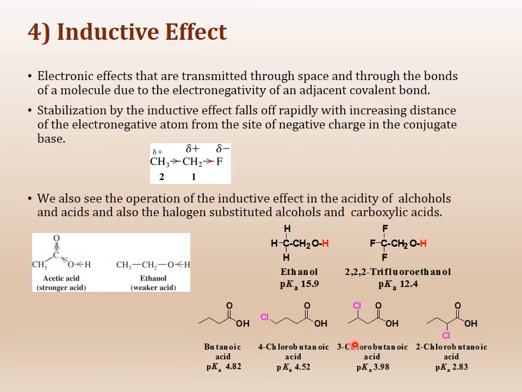And here are some comparisons for this acid where you start with no chlorine on butanoic acid, then one chlorine at the end, and then the chlorine moves closer, and then the chlorine moves even closer to the ionizable hydrogen. And then you can see the change in the pKa. By the time the chlorine is closest to the H over here, it's a nice strong acid. Okay, so that's how inductive effect works.